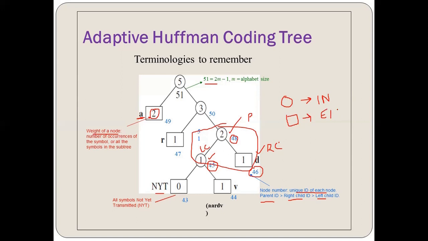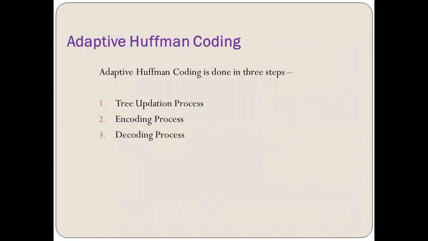So the circle one is called the internal node, and the square box is called the external node, right? And as an external node creates children, it will be converted into an internal node, right?